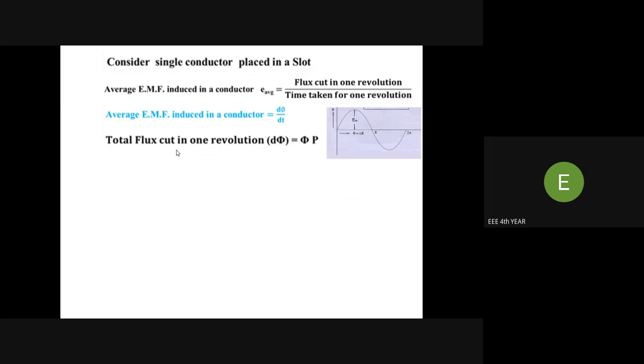We multiply the flux phi into P to get the total flux cut in one revolution.